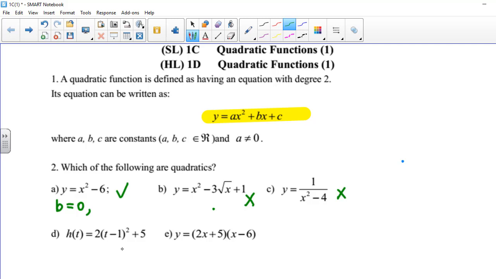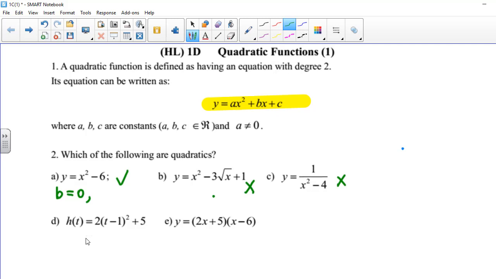Let's look at d. Is this one a quadratic function? Some of the students probably will say no. However, this one is a quadratic function. If we expand the perfect square, we can have t squared minus 2t plus 1 plus 5. We can distribute the 2 into the brackets and get 2t squared minus 4t plus 2, then plus 5.